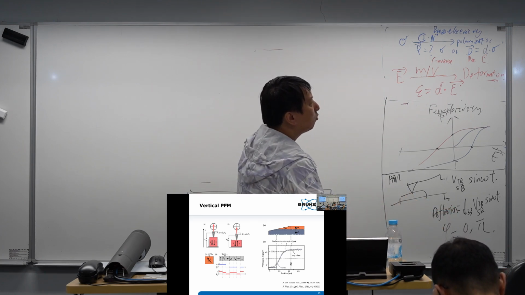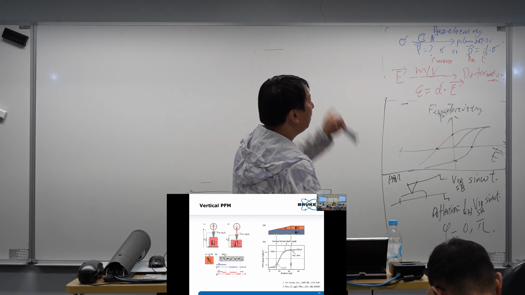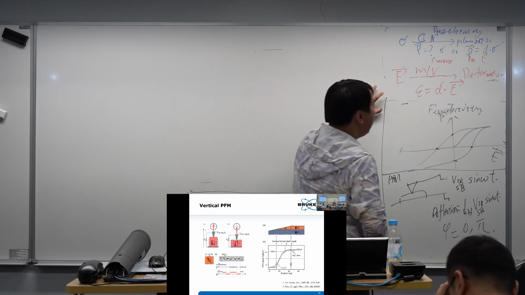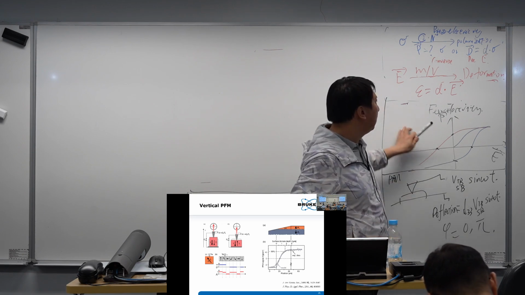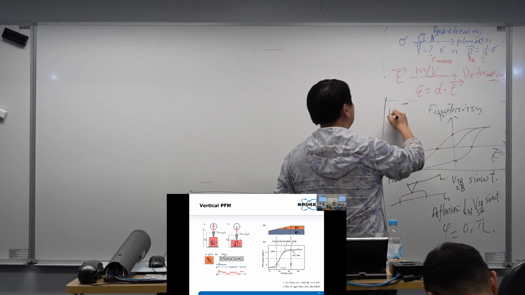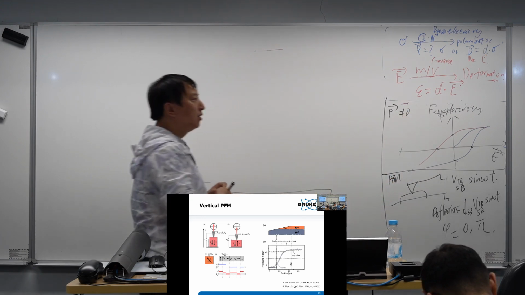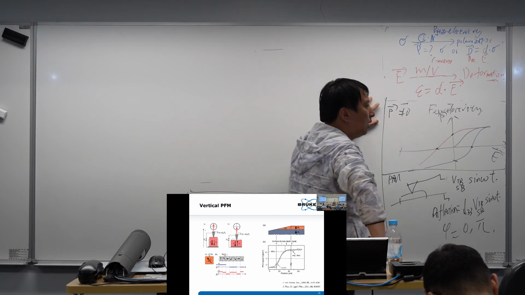So if the crystal does not have an inversion center, then it is piezoelectrically active. And if this material has intrinsic ferroelectricity, the P does not equal 0, then the Landau theory has predicted this kind of property.